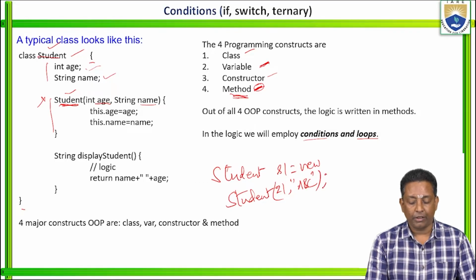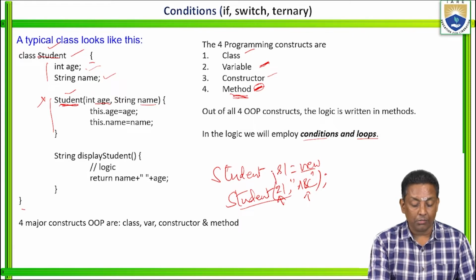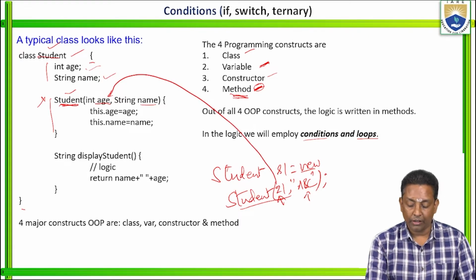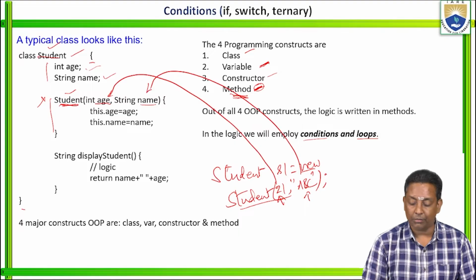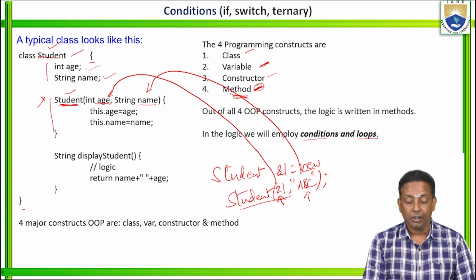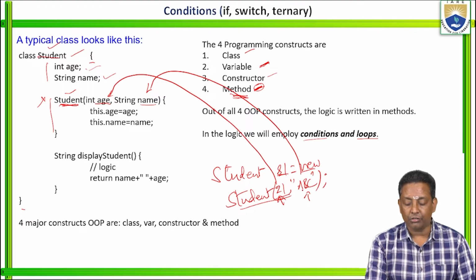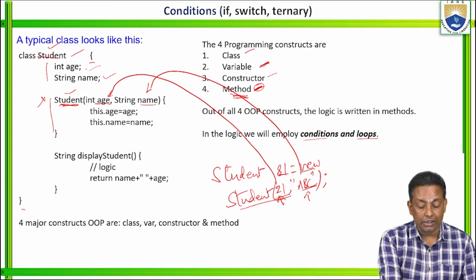If anyone uses the Student class constructor while creating a student object and passes 2 arguments, one int argument and one String argument, this int argument will come to the int parameter. This String argument will come to the String parameter. So this is how the Student object is created. As long as the Student object exists, the age is 21 and student name is ABC. This will remain the same.